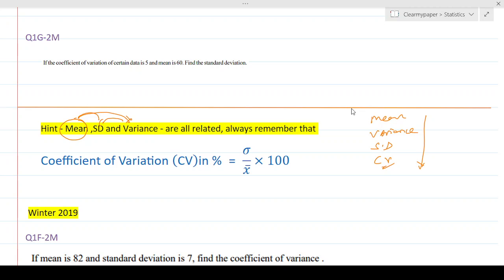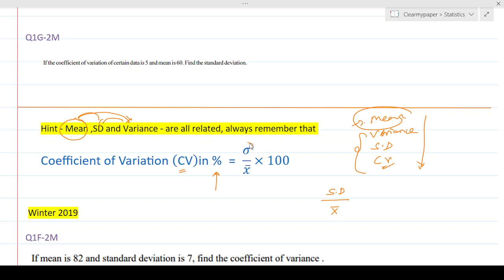So all of them are related and depend on the mean. That's the fundamental aspect: for any type of problem within these 3, variance, SD or CV, the mean is the most important ingredient of the calculation. And the CV, the coefficient of variation, is always expressed in percentage. It does not have units, as you may remember from the theoretical episode, because it's a ratio of 2 numbers: SD, standard deviation, over the mean.